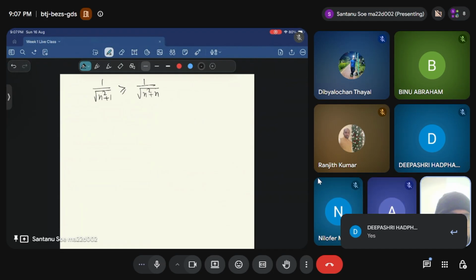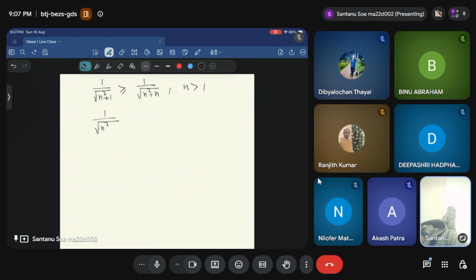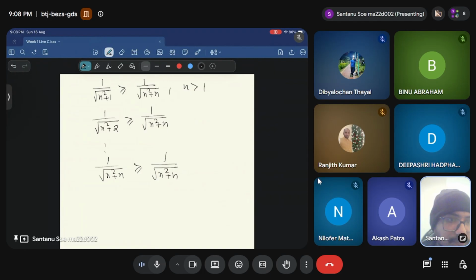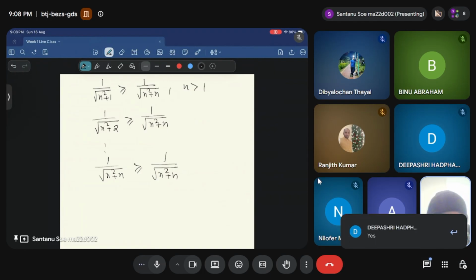Is this understandable? This is clear, right? Similarly, you can show this as well, because for any number a, you can always write a is greater than or equal to a.